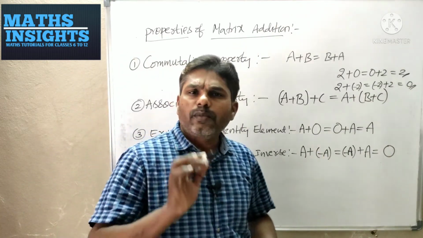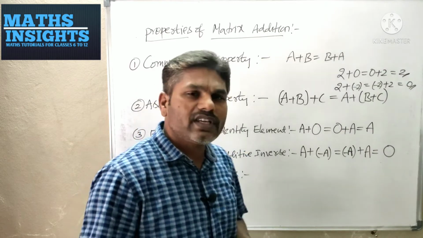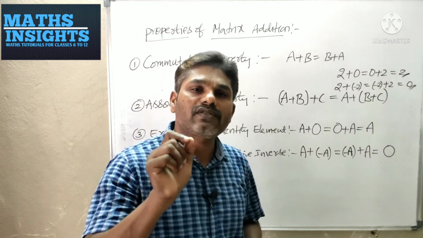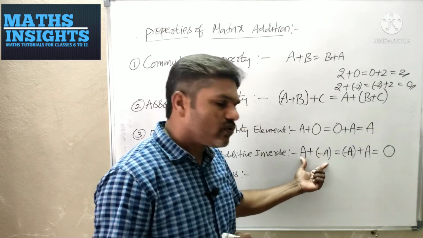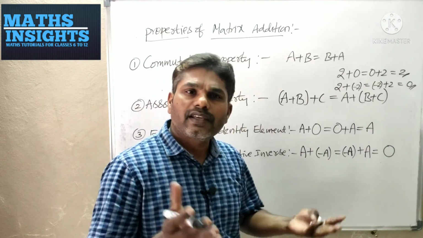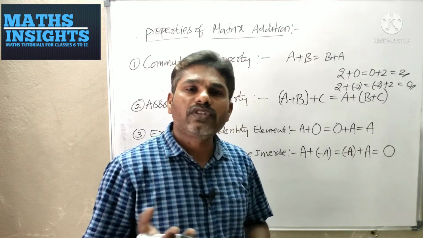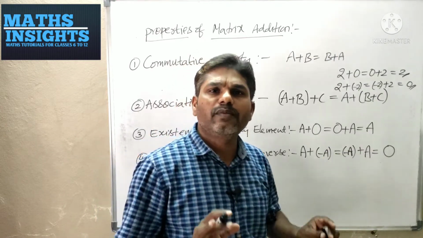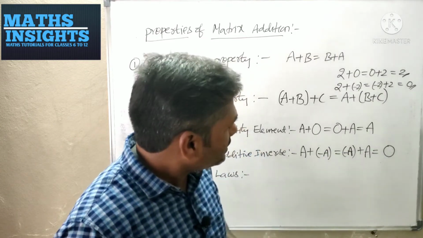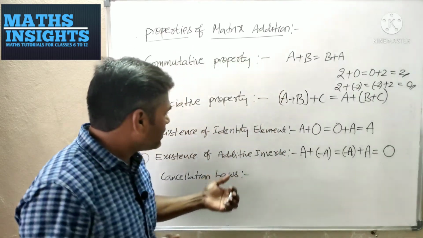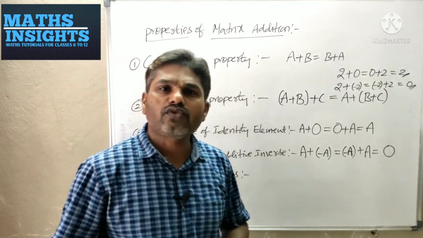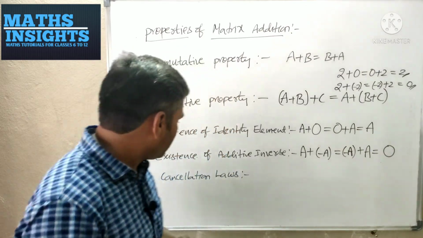Very simple. Minus A means if you change the signs of all the elements of A, then you will get minus A. Then if you add A and minus A, since they are of opposite signs, you will get every element 0 in the resultant matrix, which is called the null matrix. So the additive inverse exists, and the identity element also exists in addition of matrices.